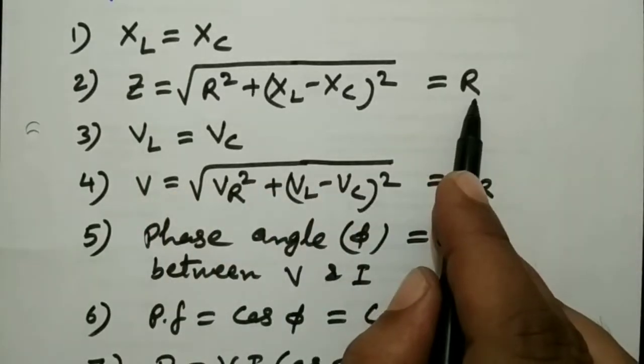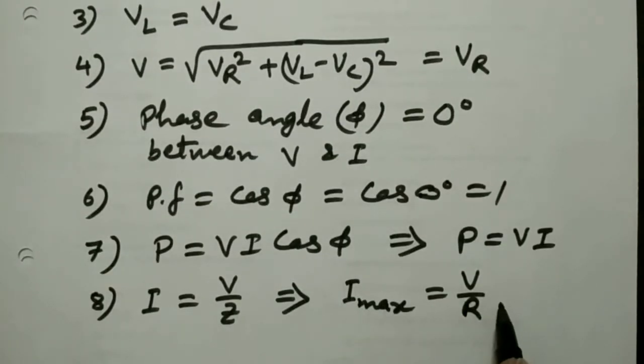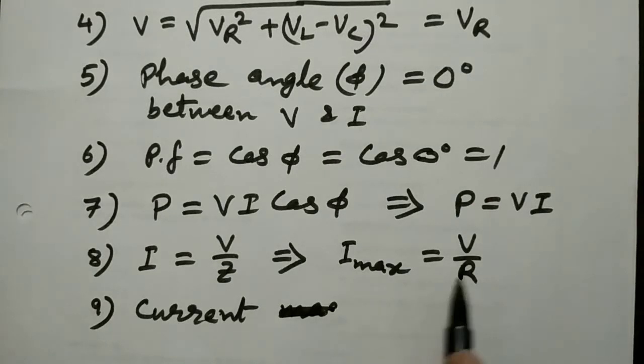So as the impedance is minimum, therefore the current will be maximum. And as the current is maximum, that means the circuit allows the maximum current to flow, this circuit is also considered as a current acceptor circuit.